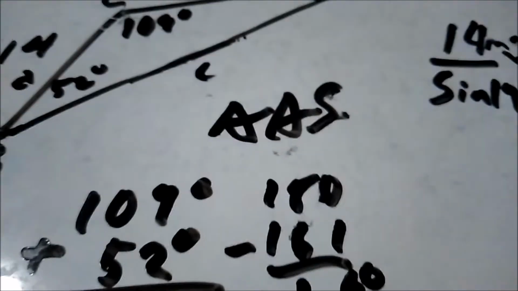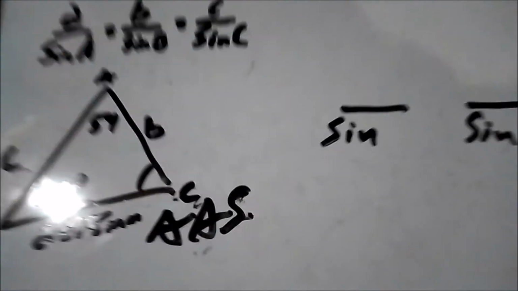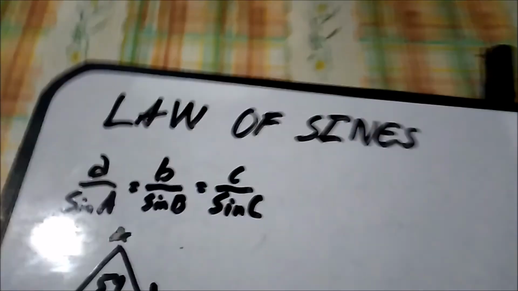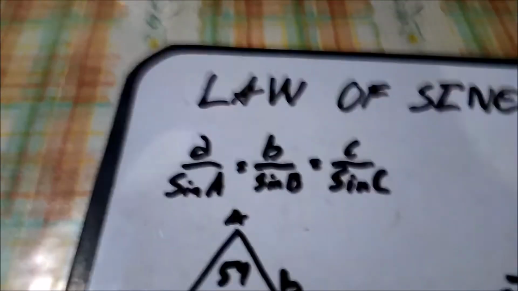But what if it is AAS? Here, I'm going to show you some examples for it. Now I have prepared a problem. This problem is AAS, so angle, angle, and side. Those are the given ones. So first, I'm going to write it down, using the same formula, because there is not much difference about this.